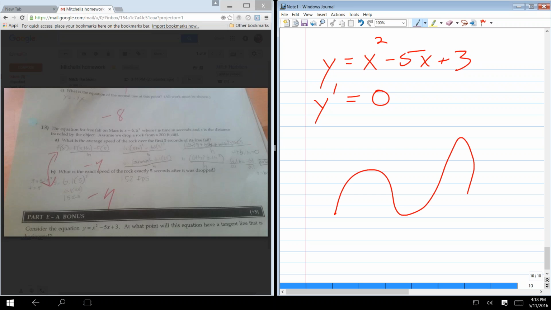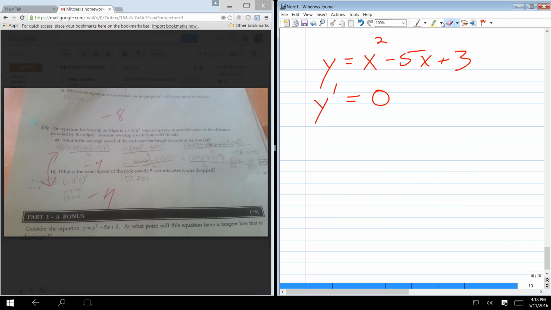If I have a function like that, and I want to know where this local extrema is, it's right there because it has a horizontal tangent line. Also there, also there, also right there. So each of those would be a local maximum or minimum. Using this feature of finding out where the tangent line is horizontal is gigantic.